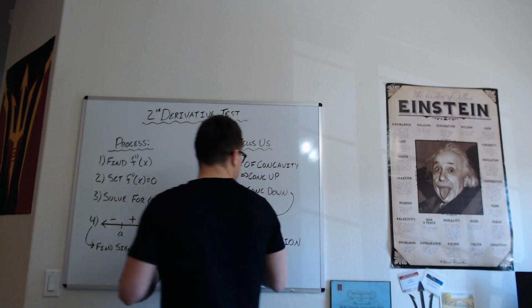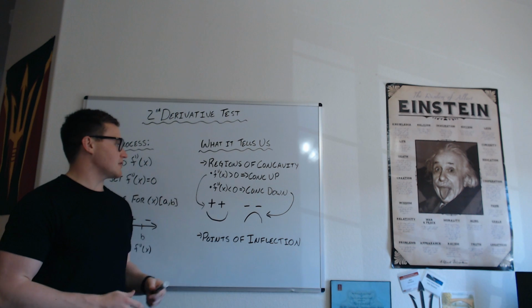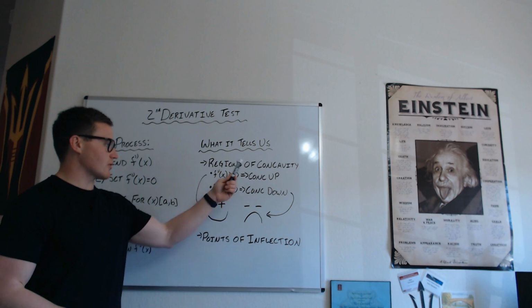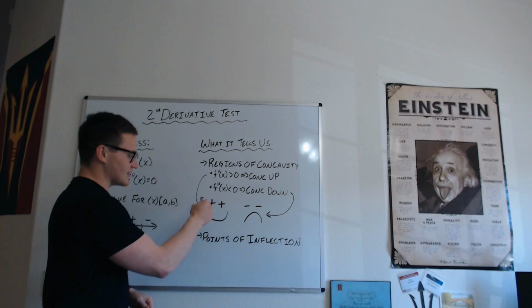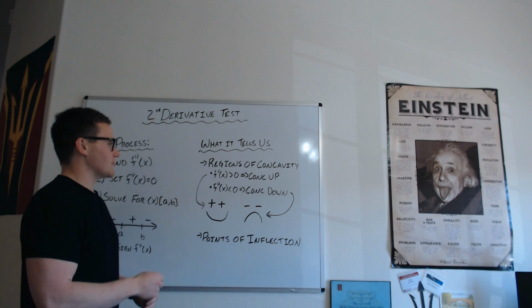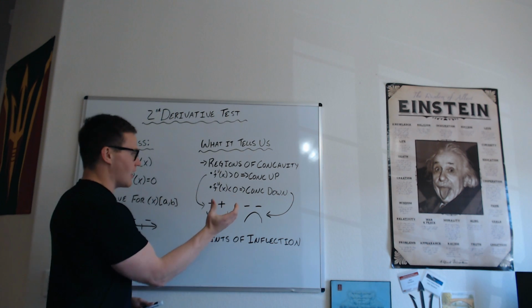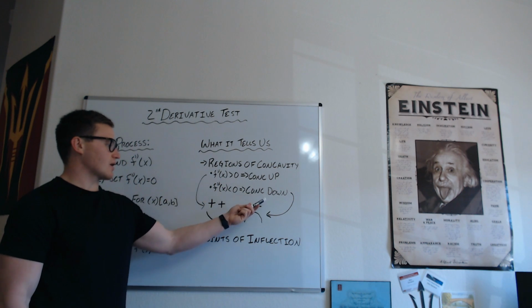So what is this second derivative telling us? It's going to tell us our regions of concavity. So where f double prime of x is greater than 0, we're concave up. How I like to remember this is I like to just draw plus signs and a little smiley face. So greater than 0, we're positive, so we're happy, so it's concave up. And then when f double prime of x is less than 0, we're concave down.